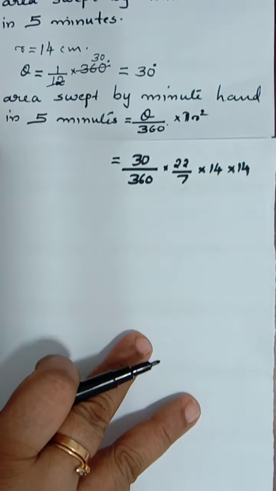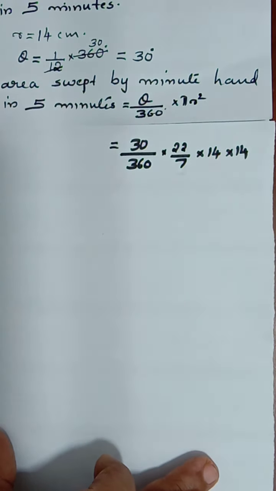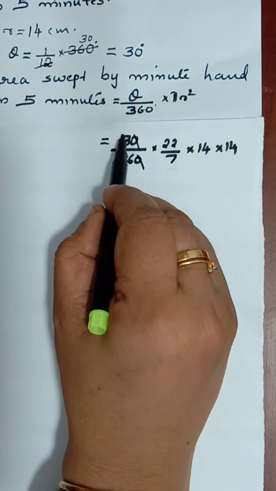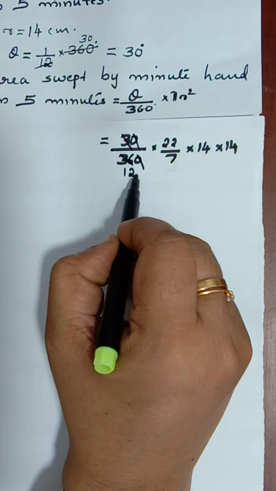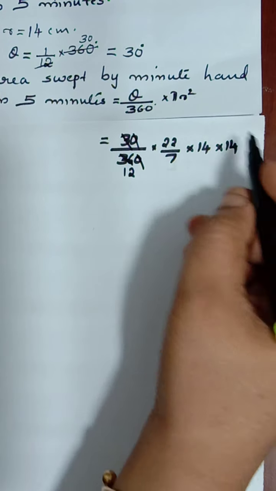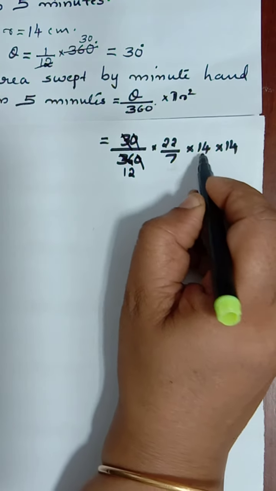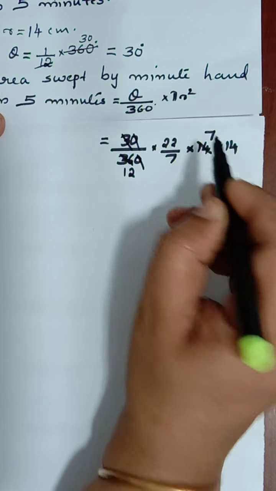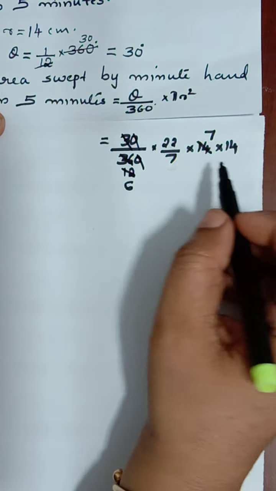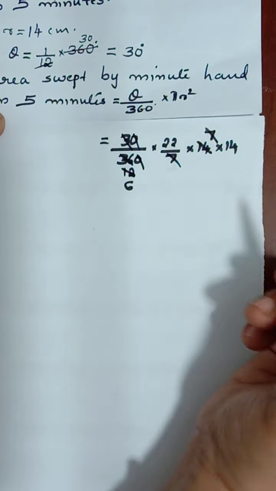Okay, so we will cancel. We'll get the answer now. 30 by 360 gives 3 by 36, that is 1 by 12. 14 and 12 can be cancelled. So here we can have 14 as 7 twos, here 12 as 6 twos. 7 and 7 get cancelled.